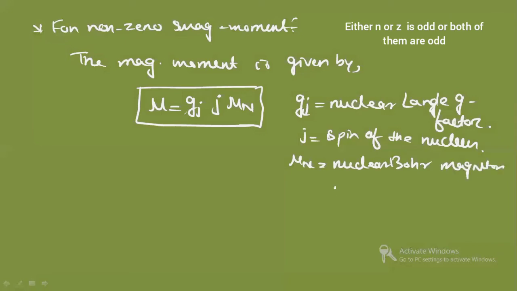The value of mu_n can be written as e h-bar by 2 m_p, where m_p is the mass of the proton.